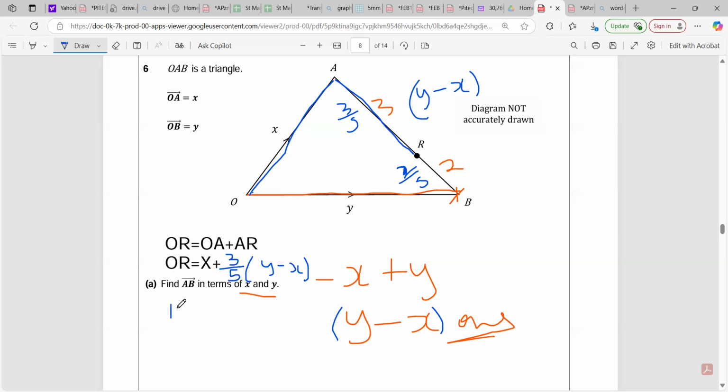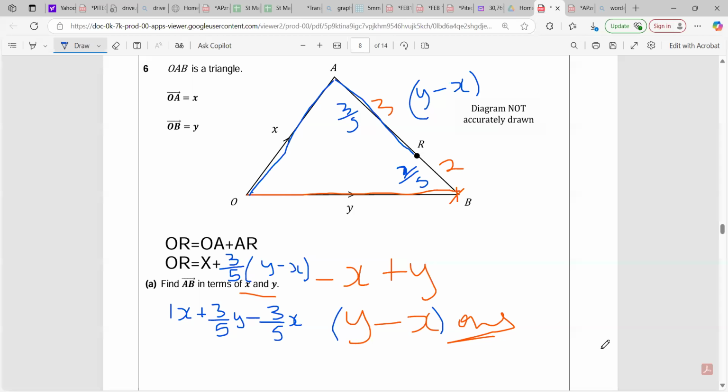So it's 1x. 3/5 times this would give us positive 3/5 y. And then this now would give us minus 3/5 x, because when the times are positive times are negative, so 3/5 x.